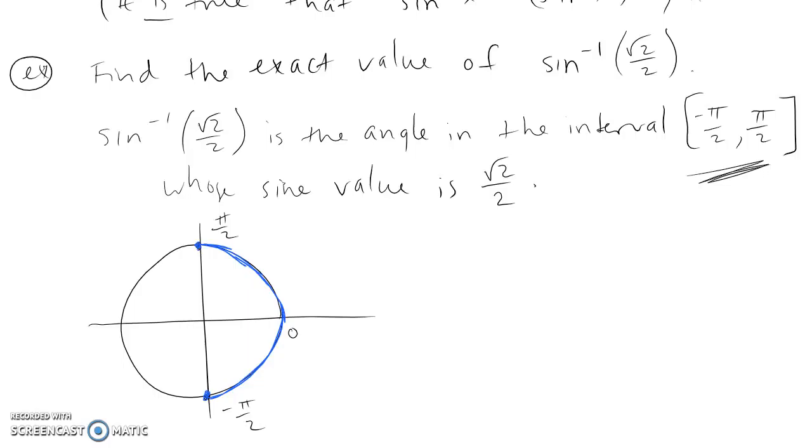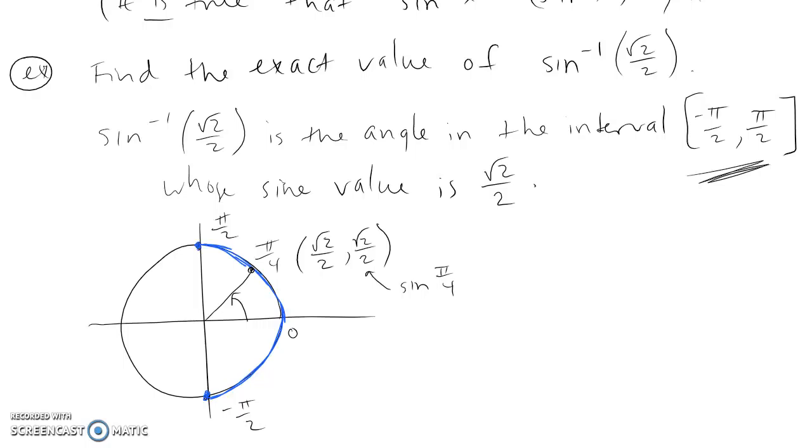All right, so which angle in this interval has sine value square root of 2 over 2? Well, it turns out our friend pi over 4, whose x and y coordinates are square root of 2 over 2 and square root of 2 over 2. Remember, the y value is the sine of pi over 4.